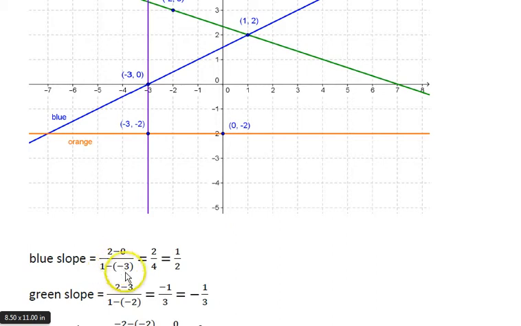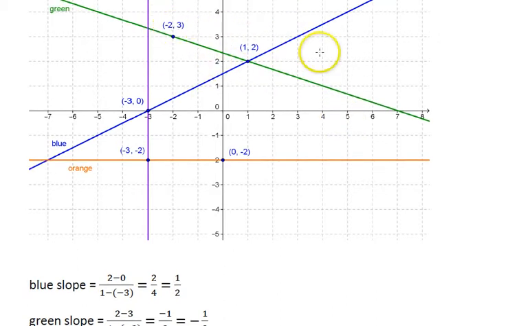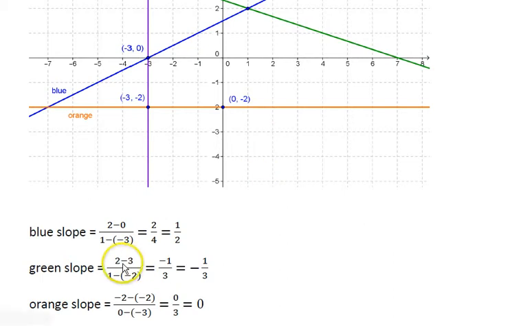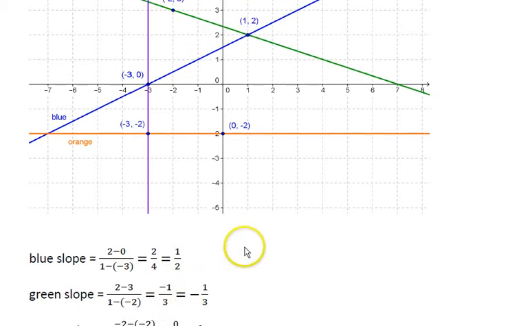Remember, the minus a minus is a plus, so that's 2 over 4, or 1/2, has a slope of 1/2. The green line between negative 2, 3 and 1, 2, calculating the slope, difference in the y's over the difference of the x's, we get negative 1/3, and indeed it does have a negative slope.